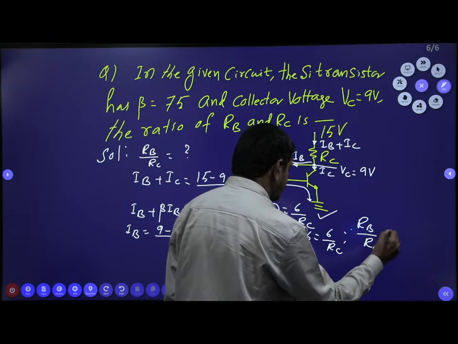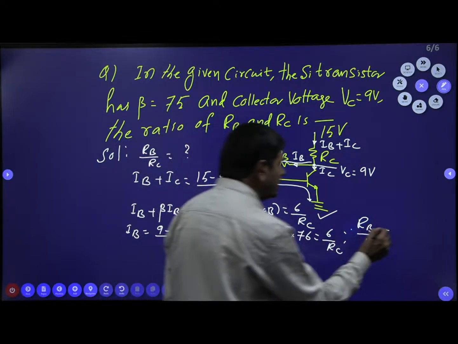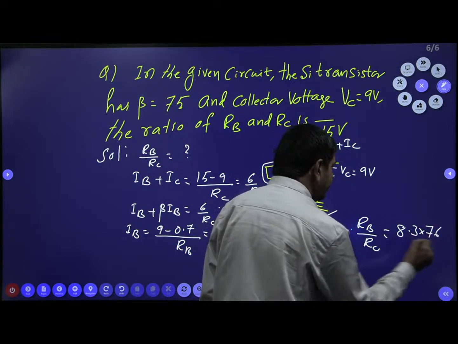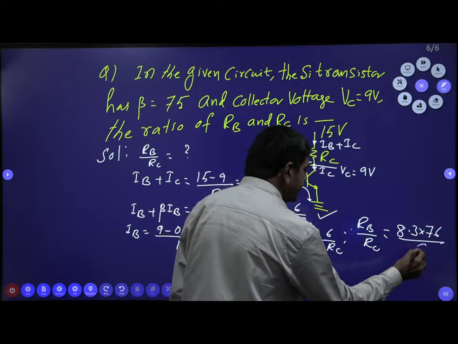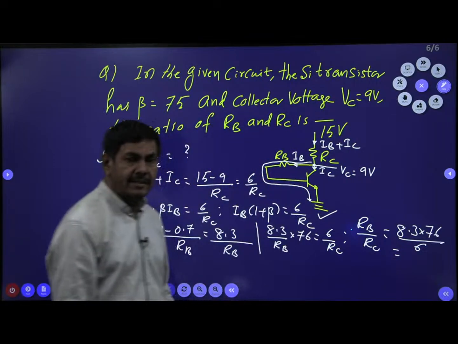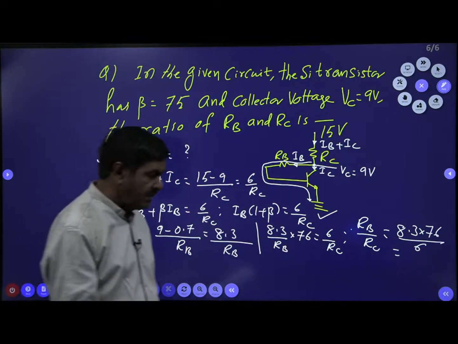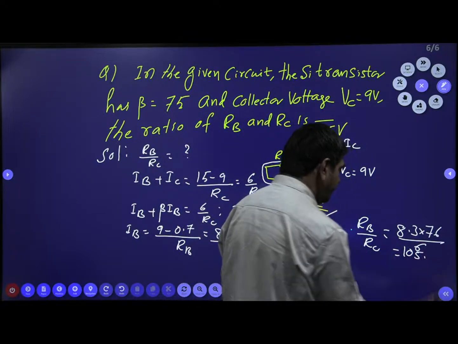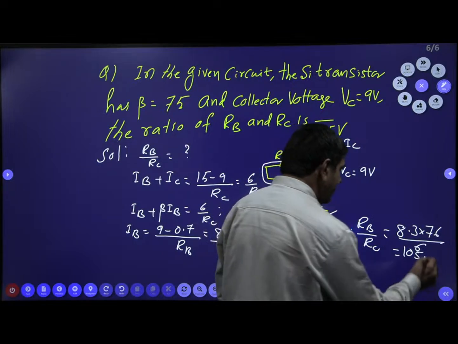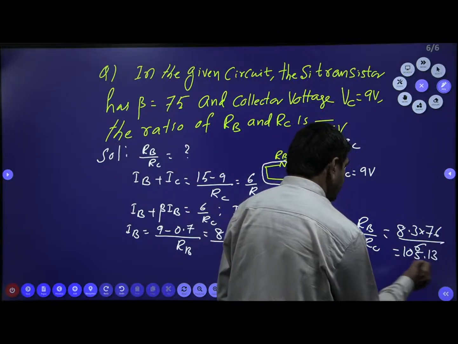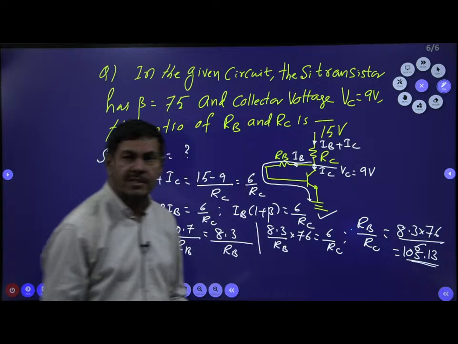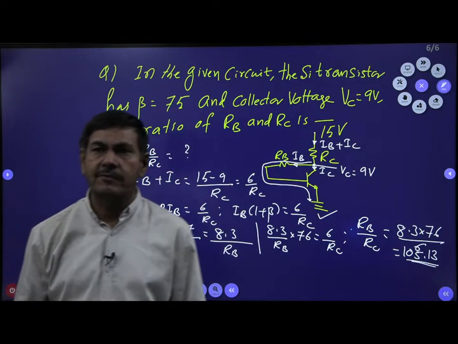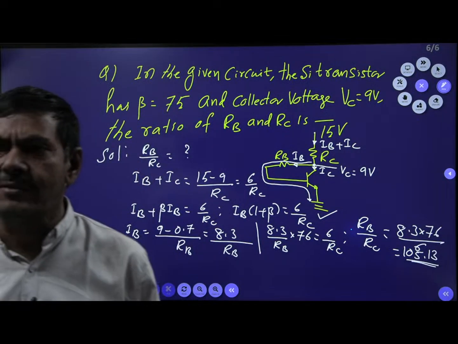RB by RC is nothing but 8.3 into 76 divided by 6. Then finally that ratio comes as 105.13. No units, it is a ratio only, 105.13. That is the solution for this given question.